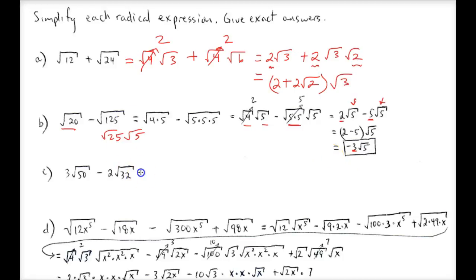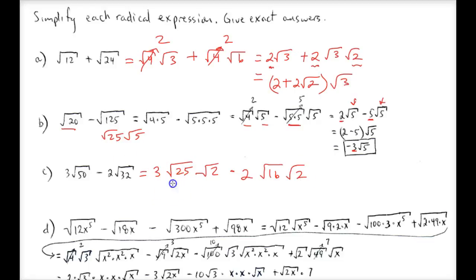All right. So for example C, we're going to do the same thing. We know that 50 is 25 times 2. So we could look at this as 3 times square root of 25 times square root of 2 minus 2 times square root of 32, and 32 is 16 times 2. So that would be square root of 16 times square root of 2.